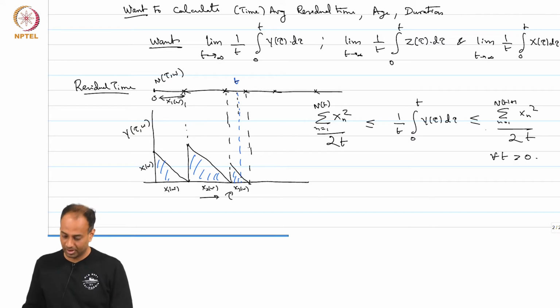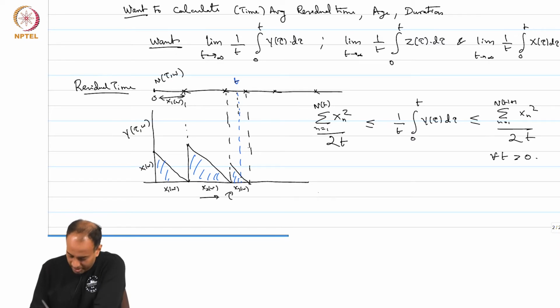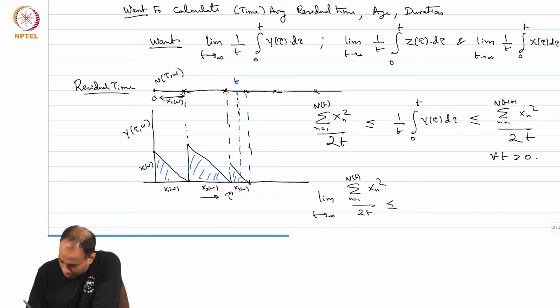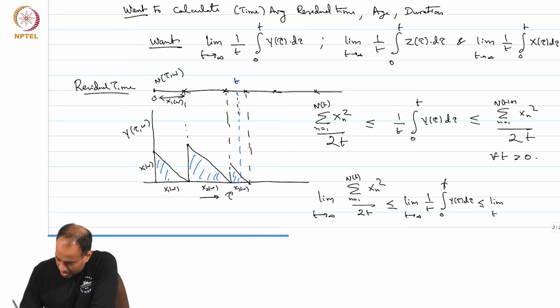Therefore, limit t tending to infinity of the sum over n equals 1 to N(t) of x_n square by 2t is less than or equal to limit t tending to infinity of 1 over t integral 0 to t y(tau) d tau, which is less than or equal to limit t tending to infinity of the sum over n equals 1 to N(t) plus 1 of x_n square over 2t.